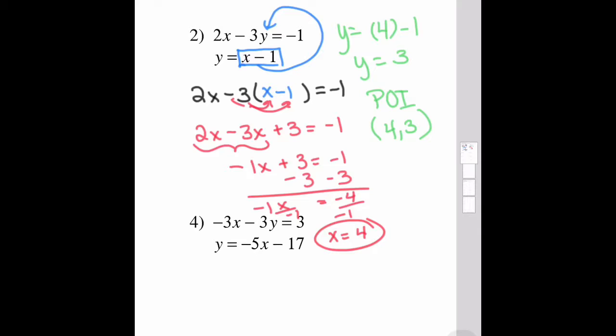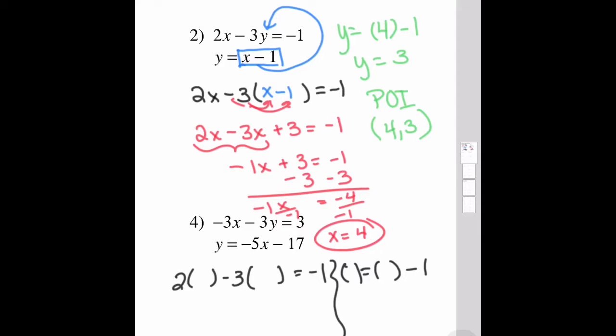I need to verify it. So then I have 2 times negative 3 times the y minus 1. And the y equals the x minus 1.